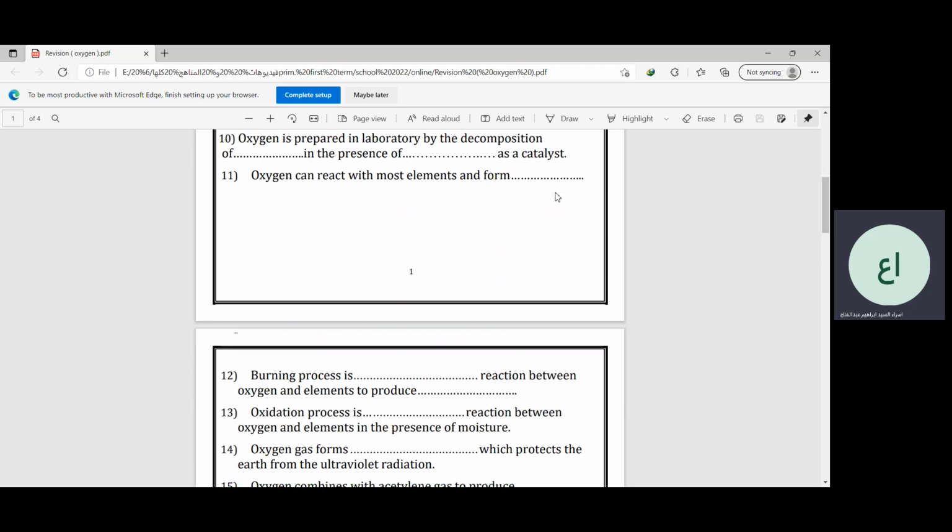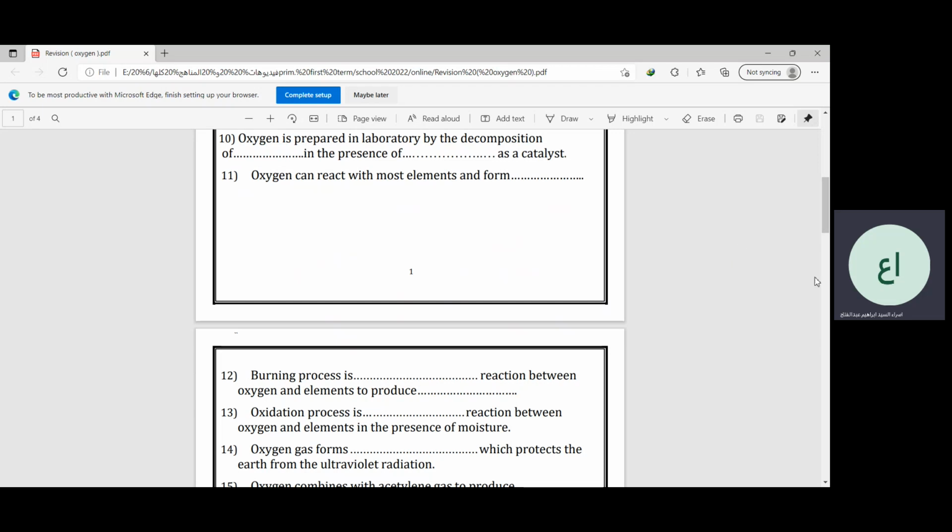Number 11. Oxygen can react with most elements and form oxides. أنا قلت لكم أي element combines with oxygen أو react with oxygen هيدينا element oxide. okay يبقى الأكسجين can react with most elements and form oxides.